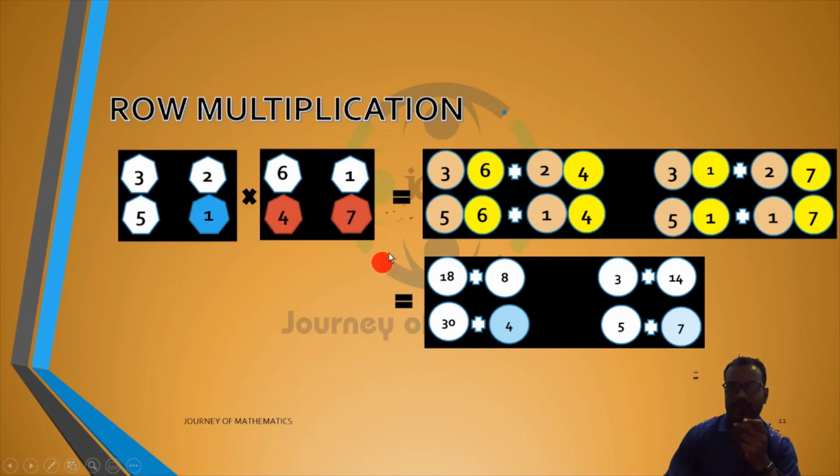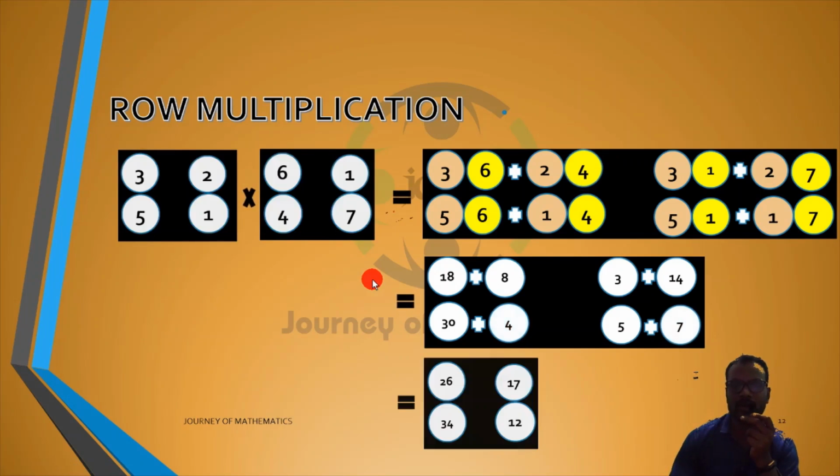So what I did is, while multiplying, the first element is multiplied with the first row of the second matrix, and the second element is multiplied with the second row of the second matrix. So overall you will get the result like this.